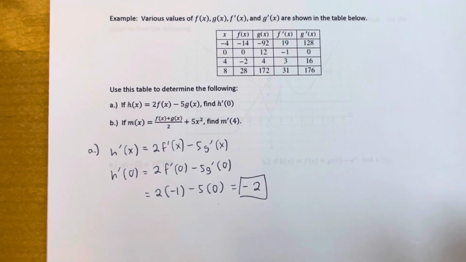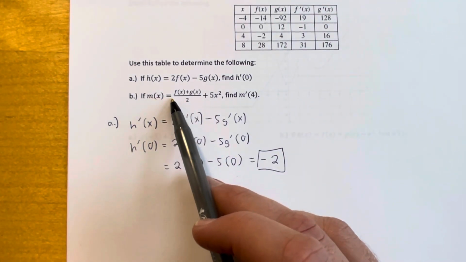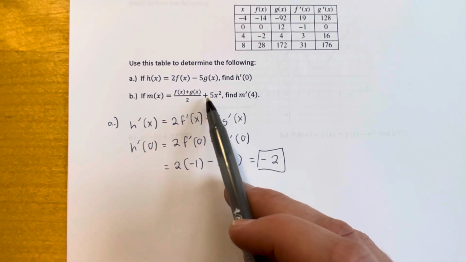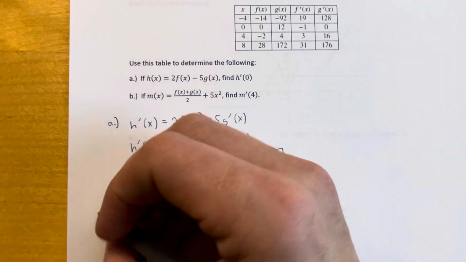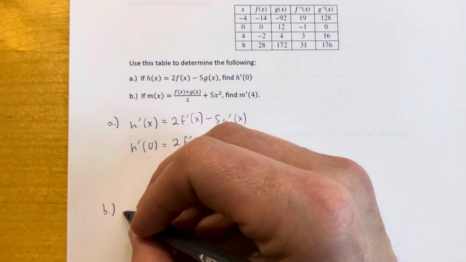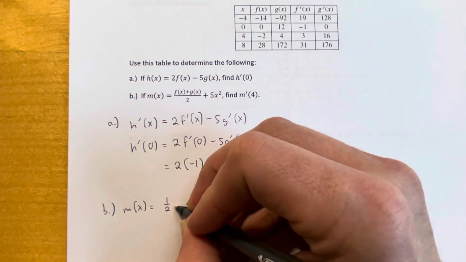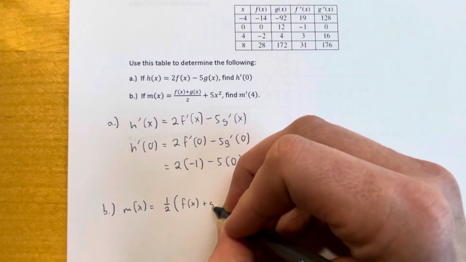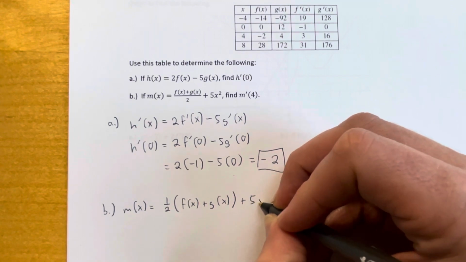What about part B? So part B says, if m of x is defined to be f of x plus g of x over 2 plus 5x squared, find m prime of 4. Okay, so another way of writing that is this. M of x is equal to 1/2 times f of x plus g of x plus 5x squared.